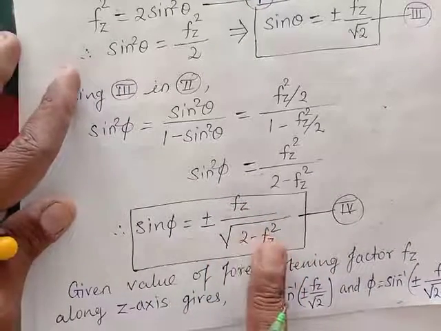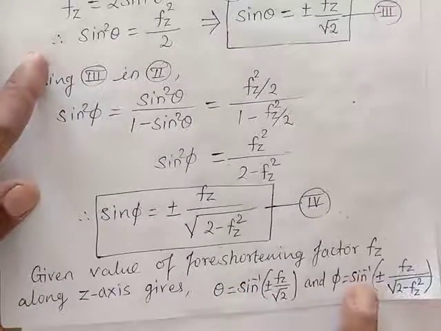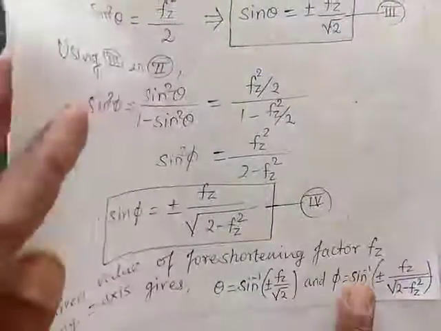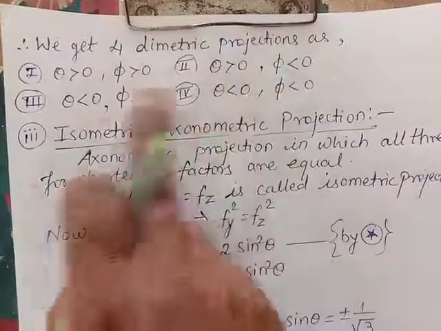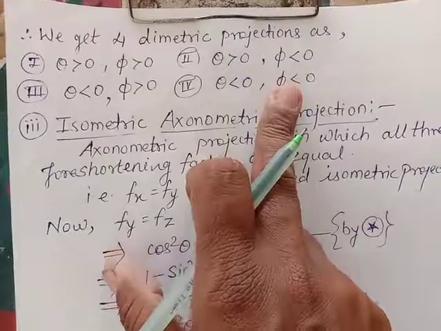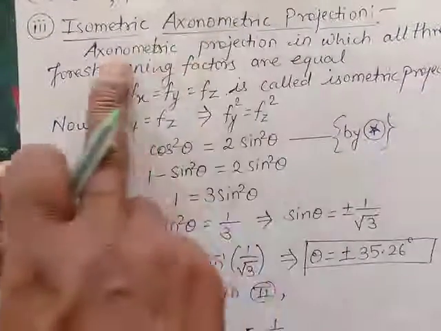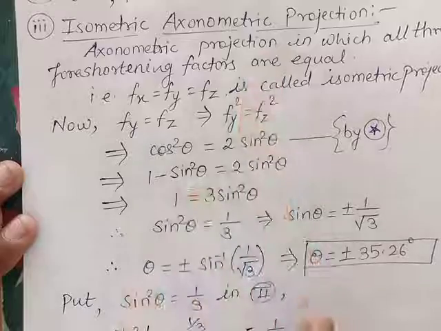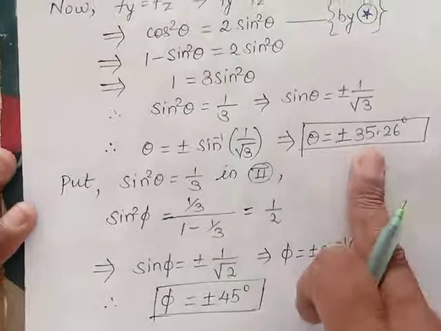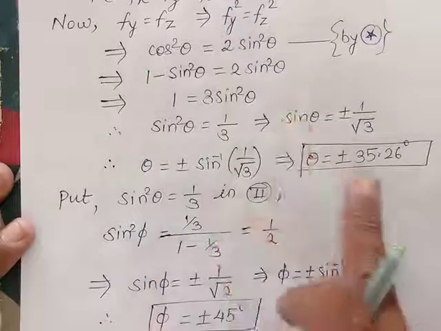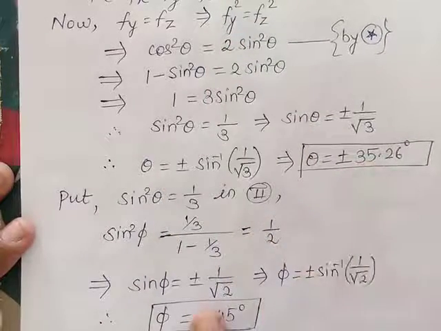So, if we know fz, from that we can easily determine theta and phi for diametric, right? And from that we get 4 different types of diametric projections according to the values of theta and phi. And for isometric axonometric projection, the angle theta and phi are fixed. That one we have obtained from the given condition itself. So, these are the values for theta and phi for that.